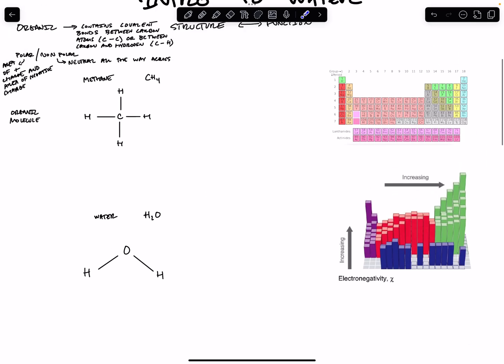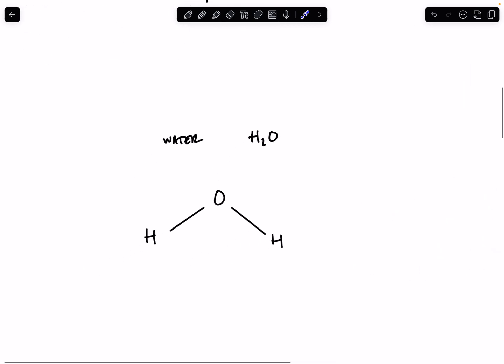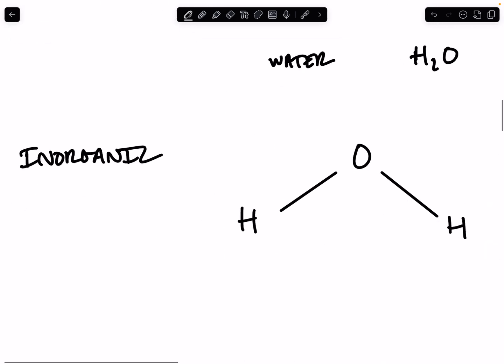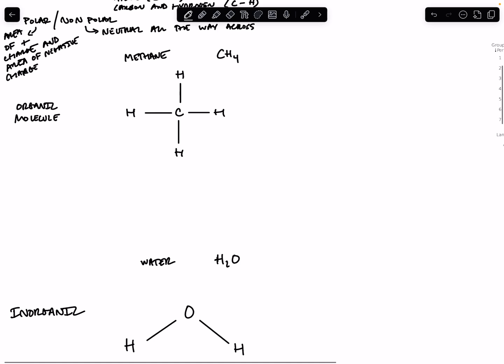Okay. Water doesn't contain any covalent bonds between carbon or carbon and hydrogen, so it is an inorganic molecule. Maybe I should just erase molecule because we're going to be writing things below it.